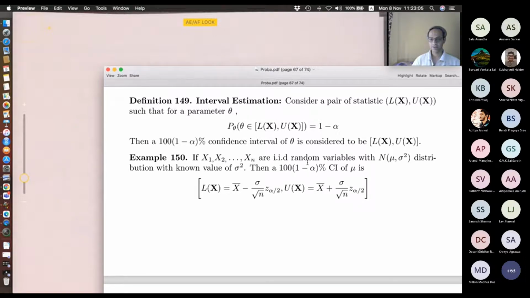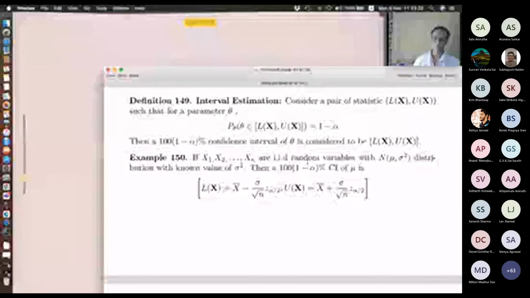And 1 minus alpha is a pre-specified number. Then the 100 into 1 minus alpha percent confidence interval of theta is Lx to Ux. Lx usually stands for the lower bound of the interval, and Ux for the upper point of the interval. So this is how we define it.